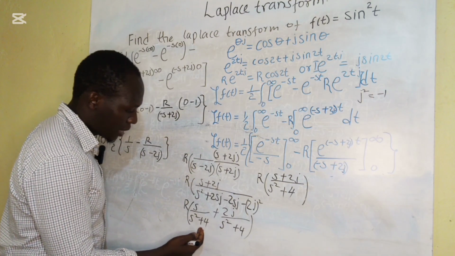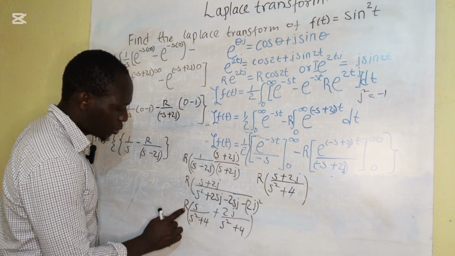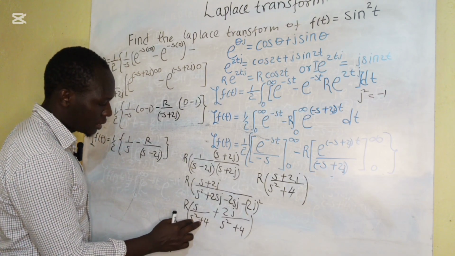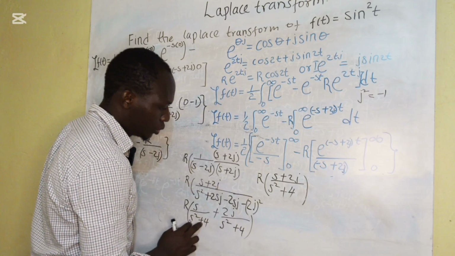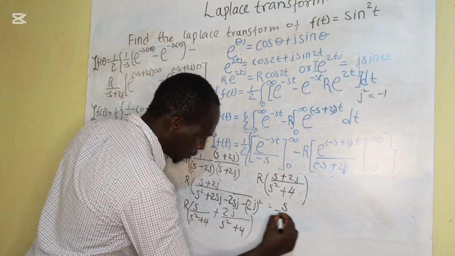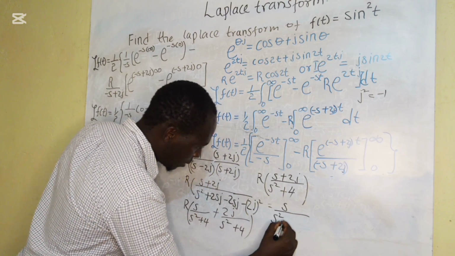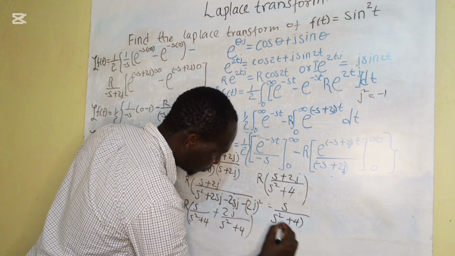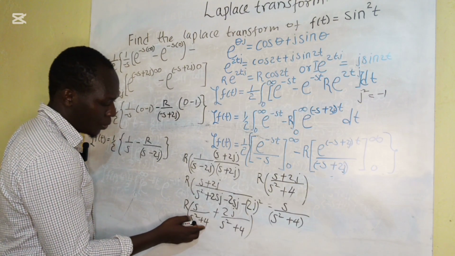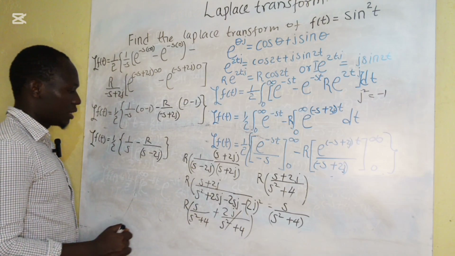Here now we've separated the real function and the imaginary function. But since we were working with the real function, hence we can come and say our answer here now is equal to s all over s squared, we add 4. Because of the r here, we are going to take the real side and ignore the imaginary side.